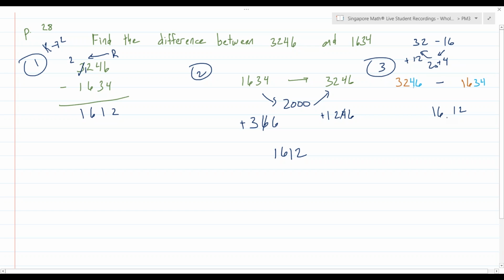So by looking at 3,200 take away 1,600, or even what's the difference in 1,600 and 3,200, and what's the difference in 34 and 46, I can also come up with 1,612. It's just a nice way to think about numbers in many different strategies, different ways. So don't always do it the same way.